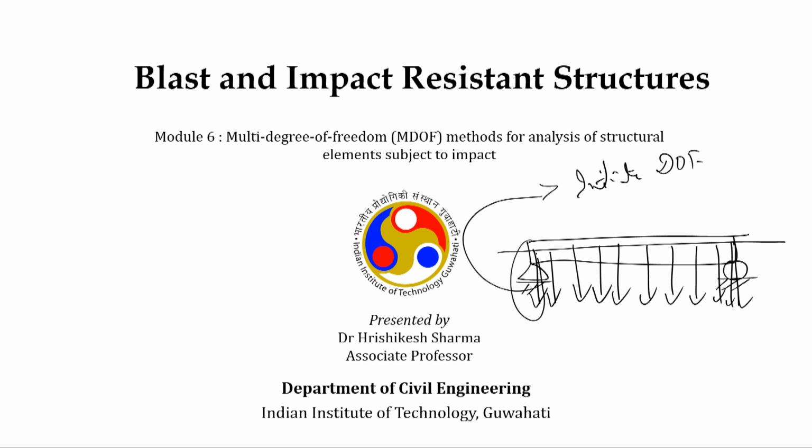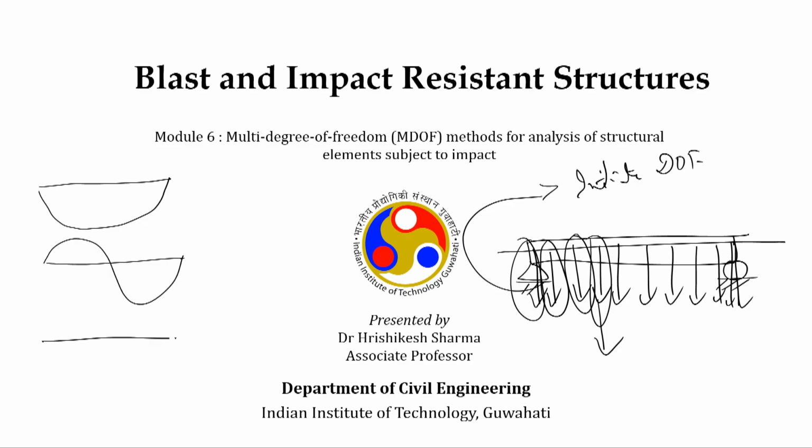Now, in order to analyze the system, what we started with is that the response at any given instant and for any given degree of freedom, or at any place, will be a summation of all the modes. It means that this system is going to vibrate in all the modes. These are the different modes of vibration of the system.